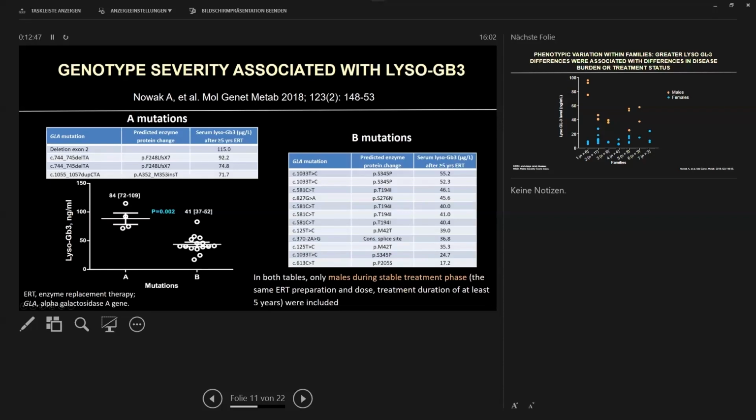In both groups, we still have increased Lyso-GB3 levels, but in the more severe genetic mutation, we have higher Lyso-GB3 levels. This is what we were able to see in our Fabry patients.